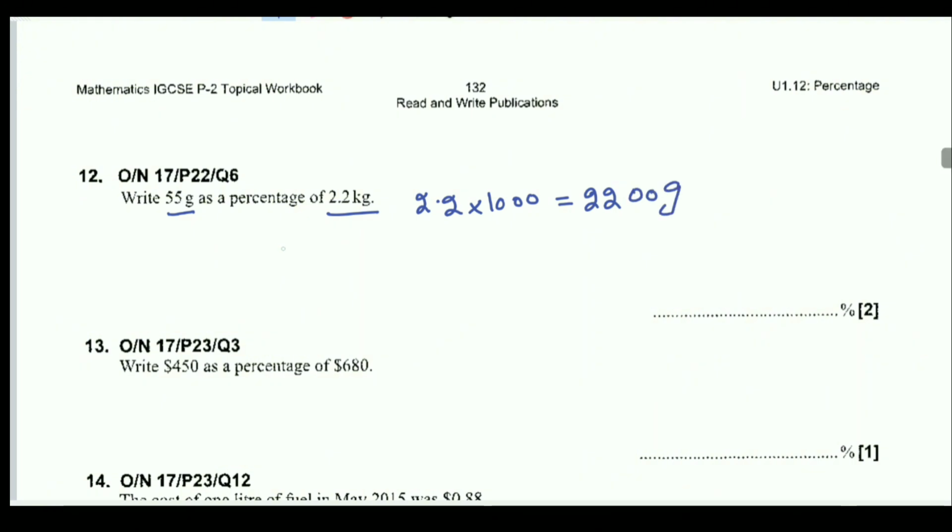Now we can write it as 55 over 2200 multiplied by 100. So first of all, you have to check that their units are the same or not. If you simplify, 2.5 will be your final answer.